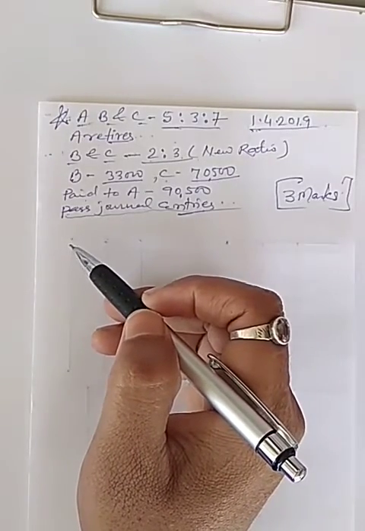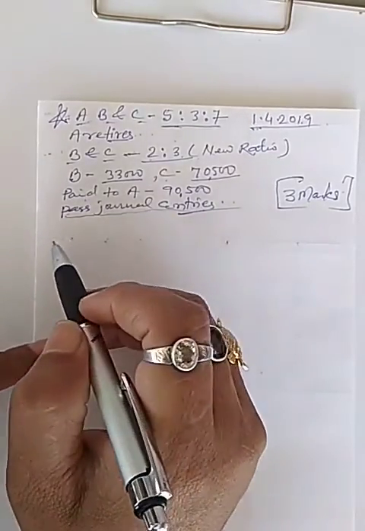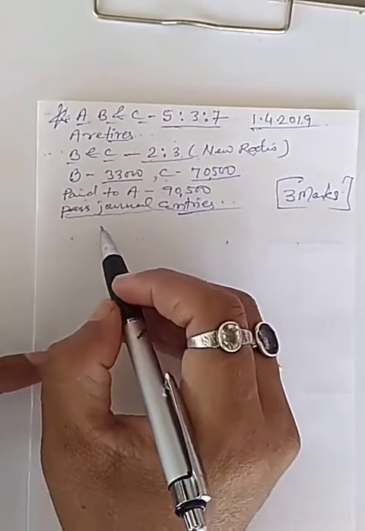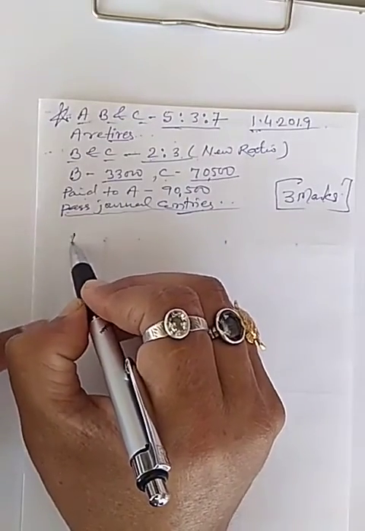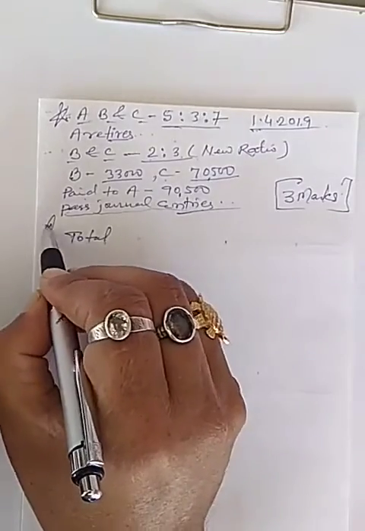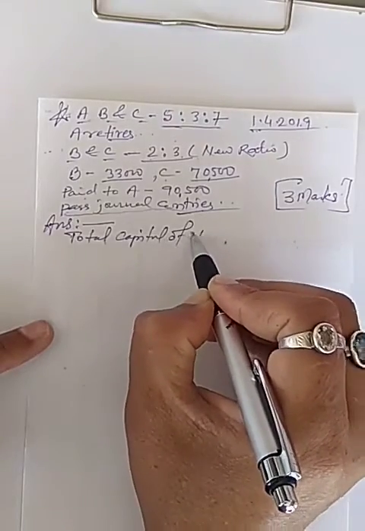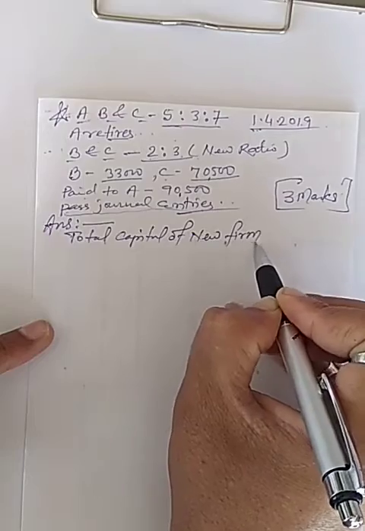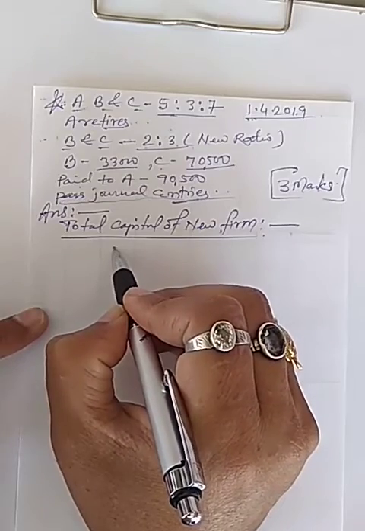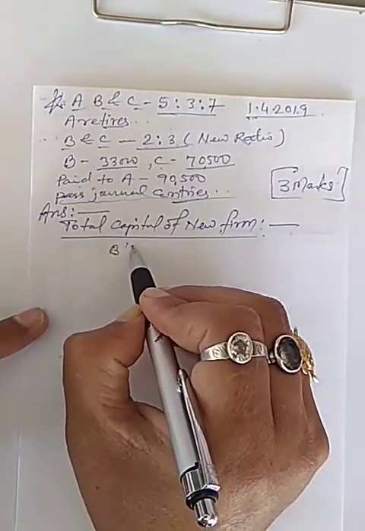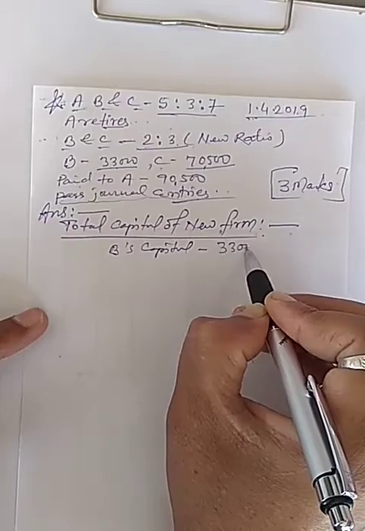So first I will calculate the total capital of the new firm. B's capital is given, 33,000.